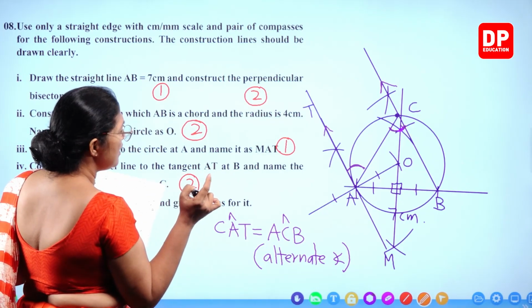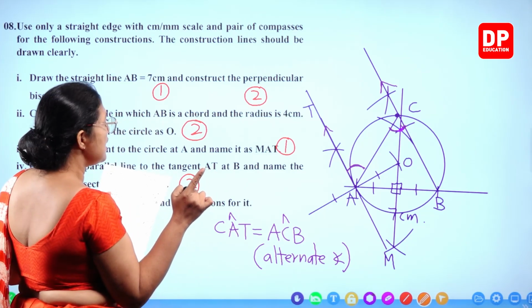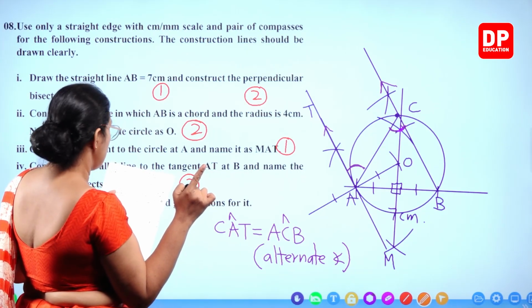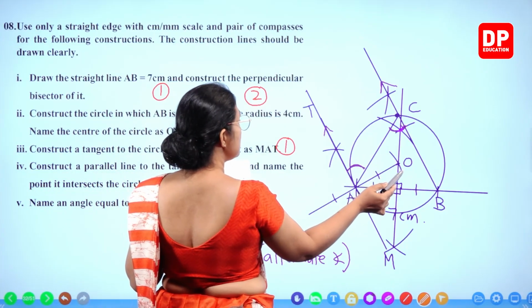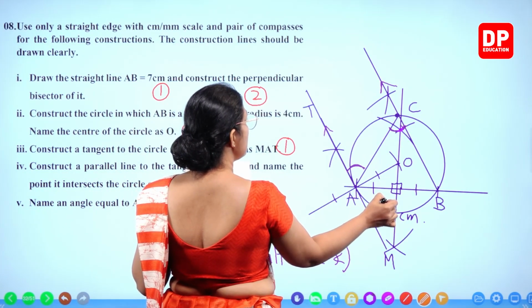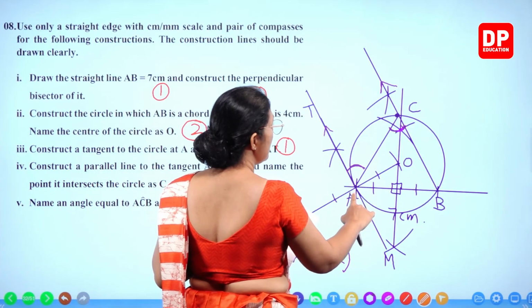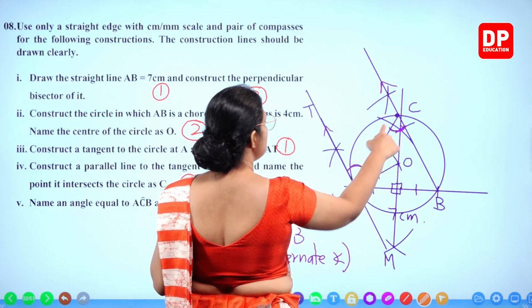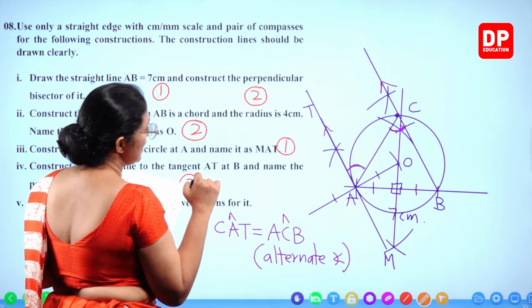So here you can give some more angles. BAT is not equal. It says ABC. Here, what's the angle? Name an angle equal to ACB. That's CAT.